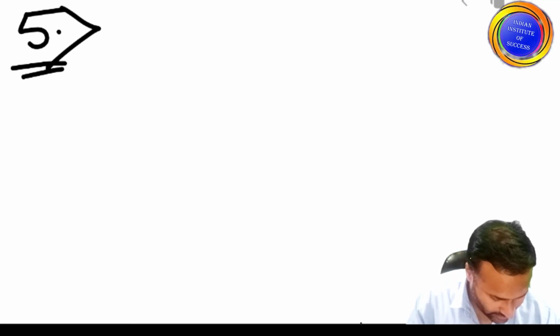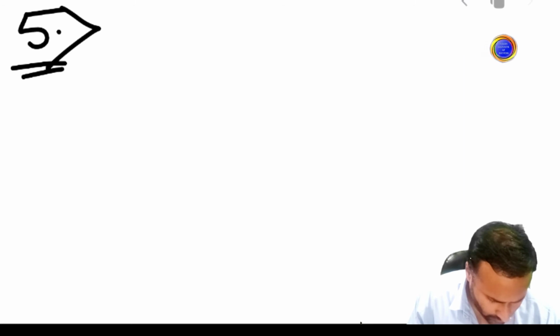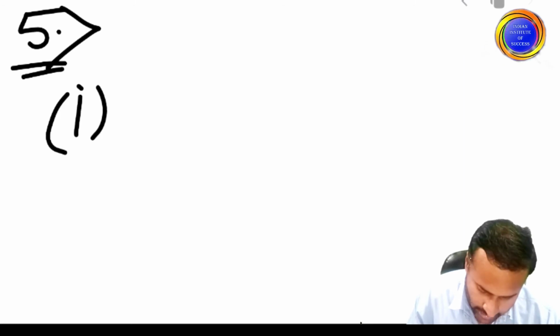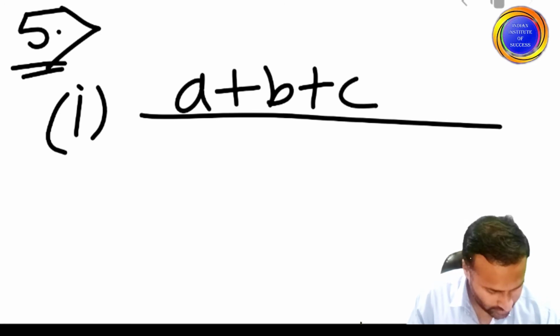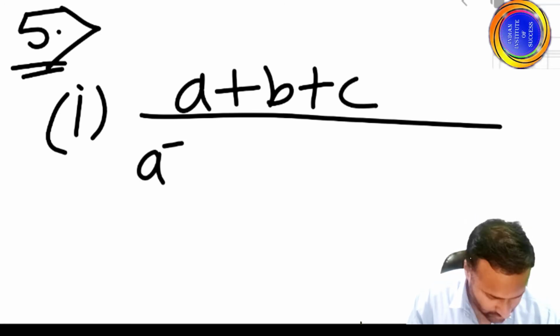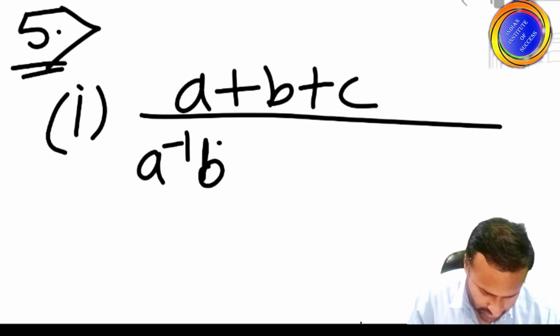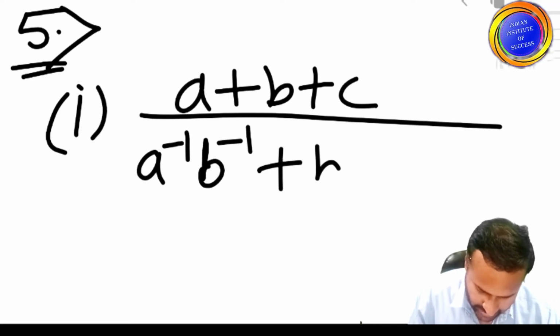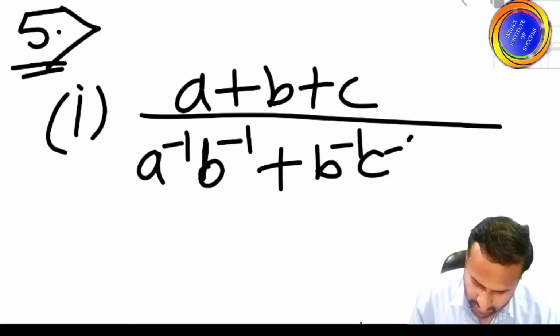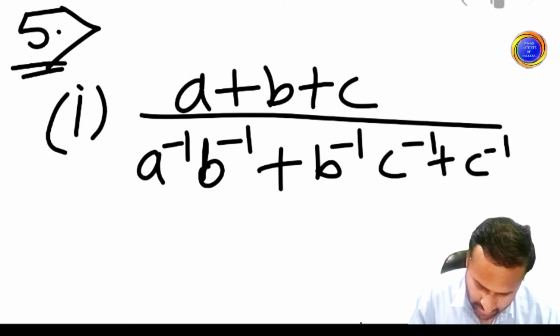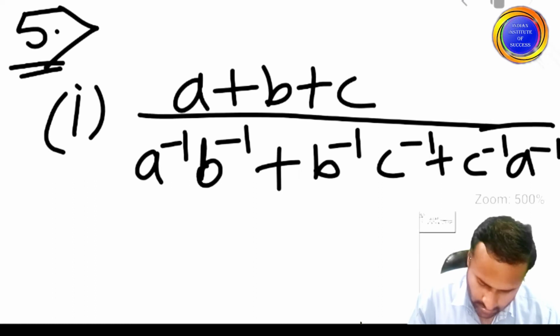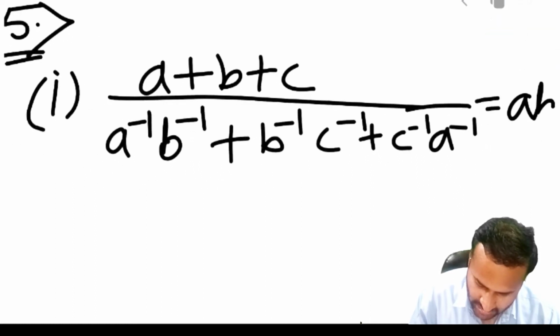Here it is given: a plus b plus c upon a raised to power minus 1 b raised to power minus 1 plus b raised to power minus 1 c raised to power minus 1 plus c raised to power minus 1 a raised to power minus 1 equals abc.